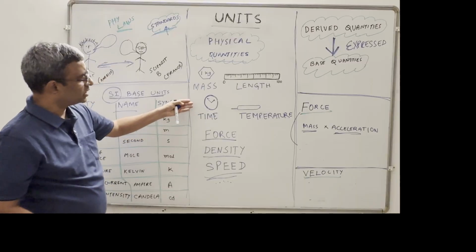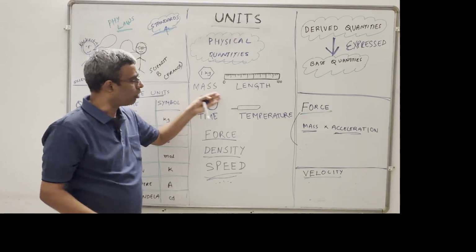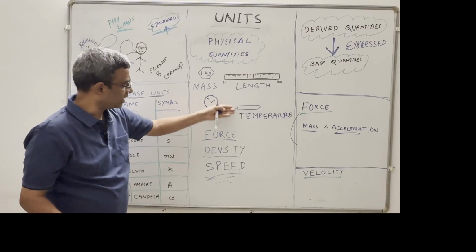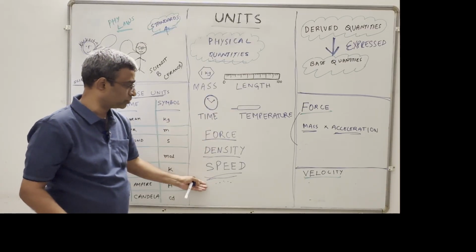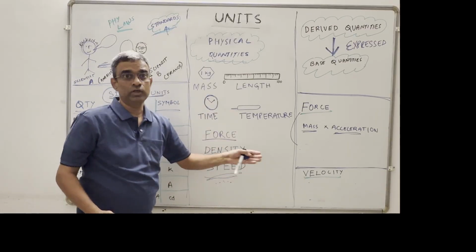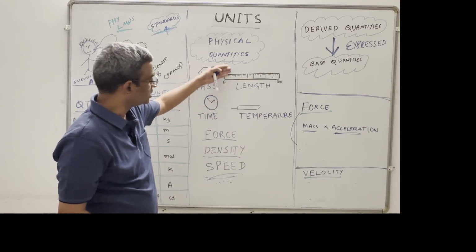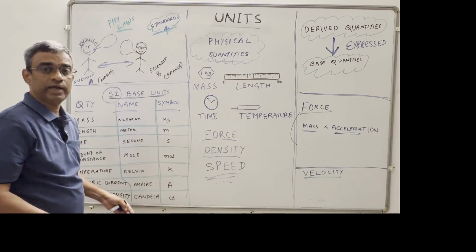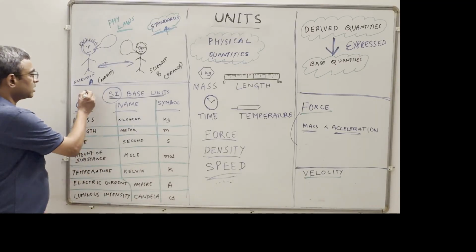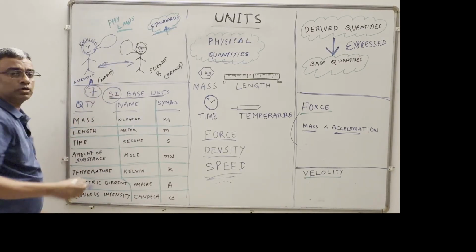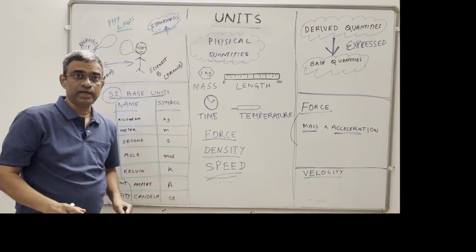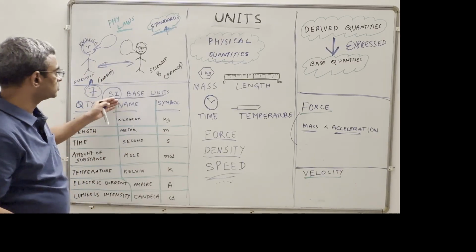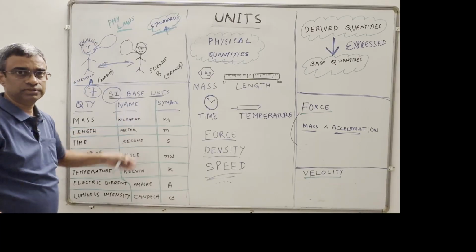Is it necessary to standardize all the physical quantities like mass, length, temperature, force, density, speed? Luckily, no. There is no need to standardize all the quantities that we may come across in physics. Scientists have identified that there are 7 base quantities that, if standardized, the rest of the quantities can be expressed in terms of those 7 base units.